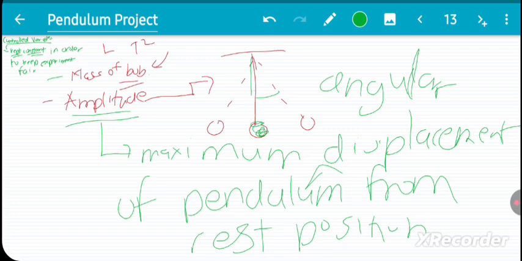You have your pendulum here in the rest position. Once you displace it, there's going to be an angle A. That's your amplitude. So the amplitude is the maximum angular displacement of the pendulum from rest position. Now you don't want this to vary too much. Obviously we're going to have to estimate it because you can't really measure this angle accurately in a lab, so we're going to be approximating it. So every time you're going to be displacing your pendulum by this much, so you want to keep the amplitude constant.